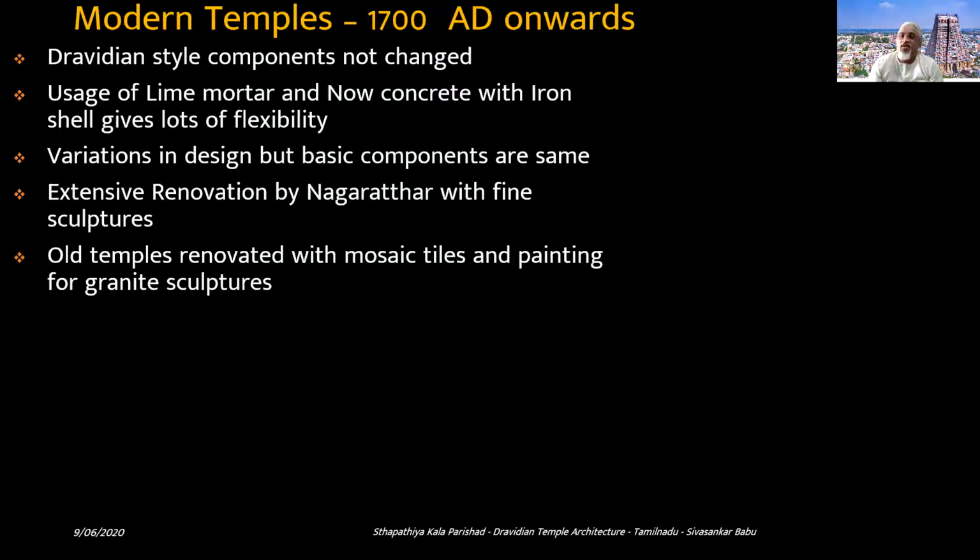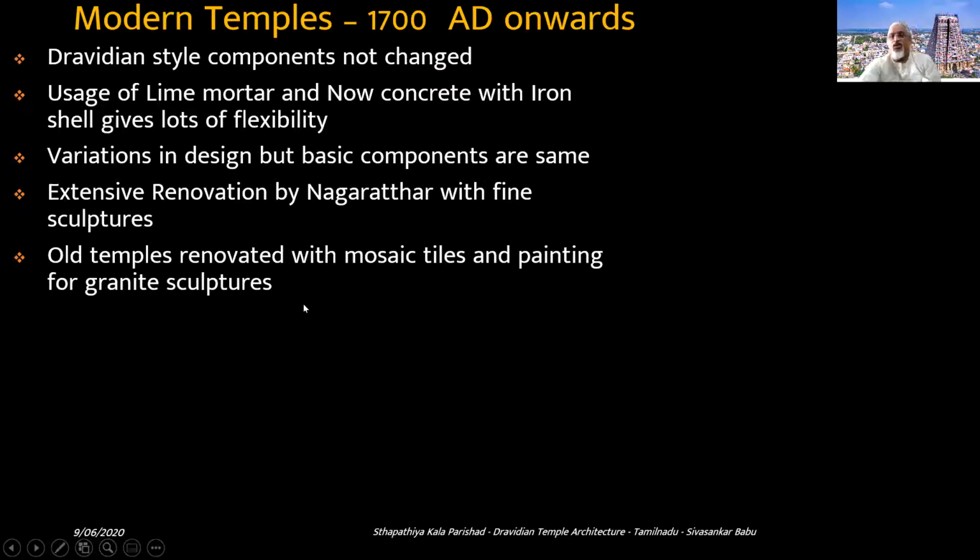So this leads to a lot of WhatsApp forwards saying that our guys are great, they invented the cycle in 1700 or 700, or all sorts of fancy forwards. Most of this work is in the outer periphery of the mandapas, done by Nagarathar work.